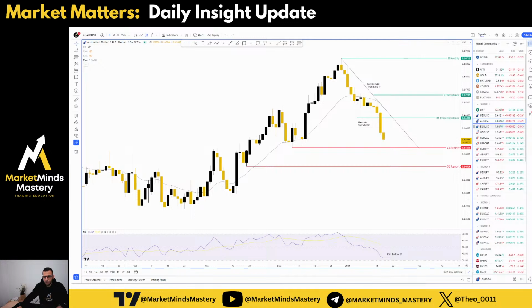Next one, the Australian dollar and the US dollar. Price is on the move to the downside, of course. Another support, you can mark the 0.6525 on your chart, guys, if you want to keep an eye on the support. So price might trade down to this point and then bounce upwards.